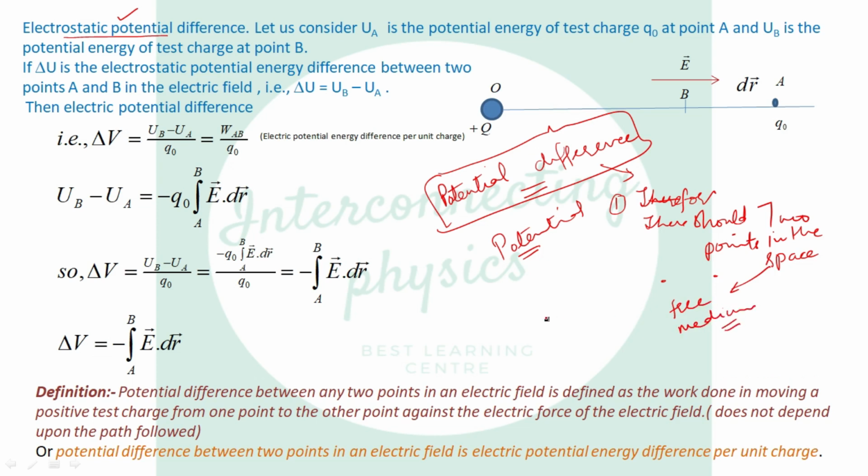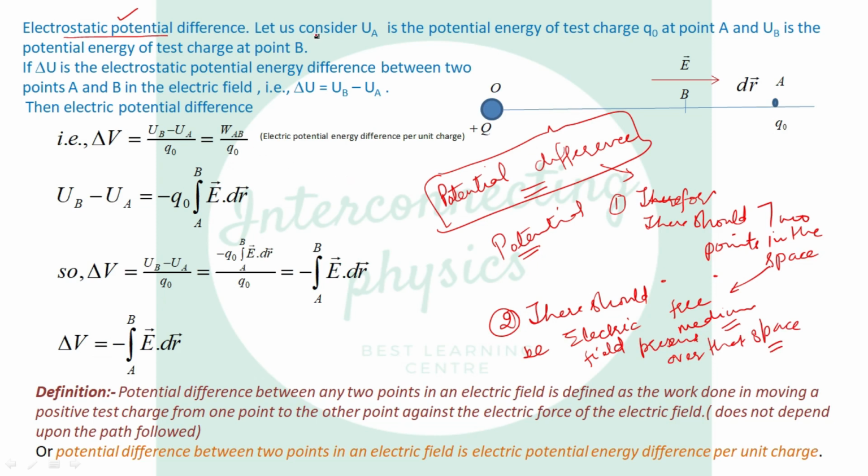Number 2, there should be an electric field present over that space.